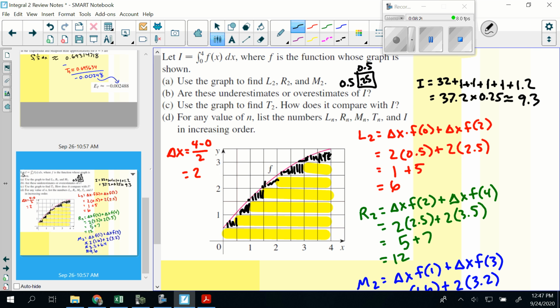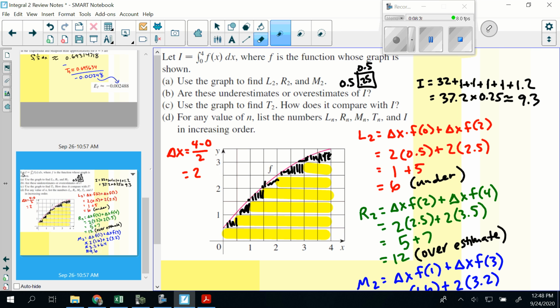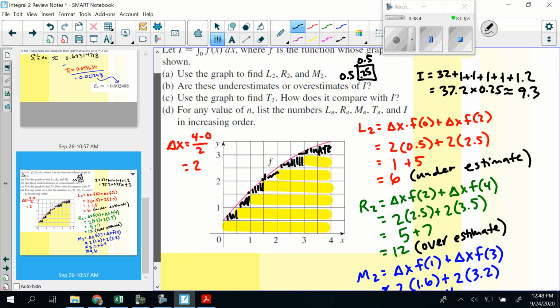All right, so which ones are overestimates and which are underestimates? That means L2 here is an underestimate for sure. This one's definitely an overestimate. Should probably add the word estimate here. And then our last one, the midpoint one, definitely gave us the closest approximation here.